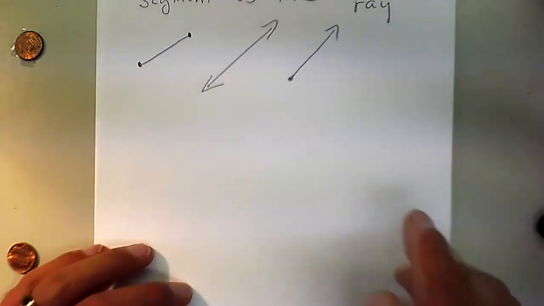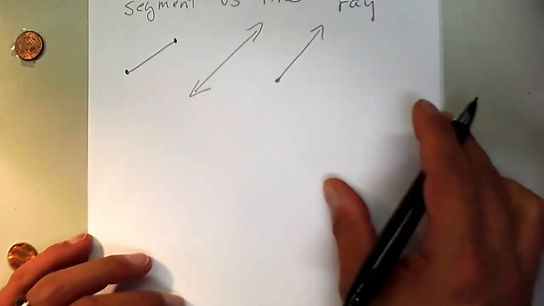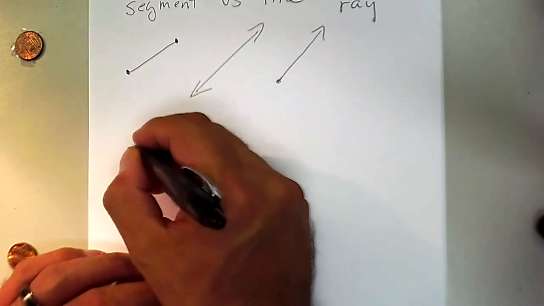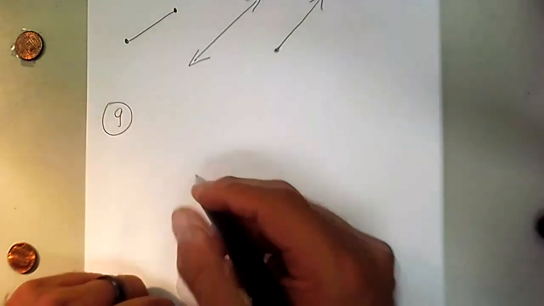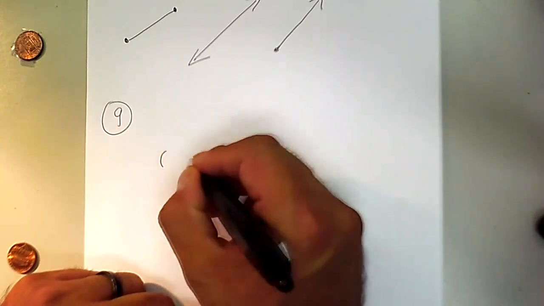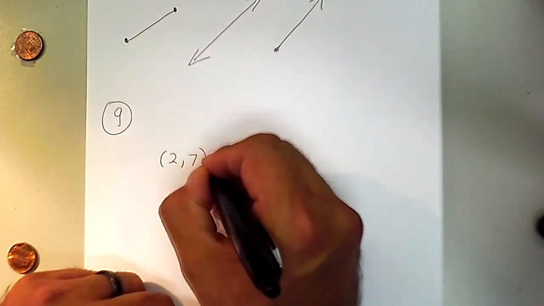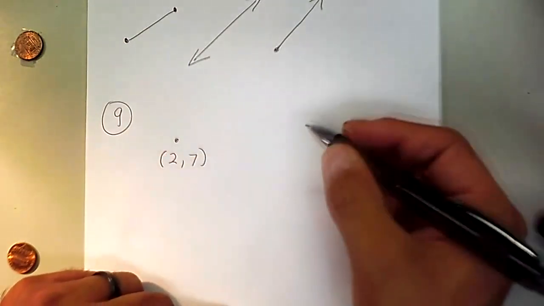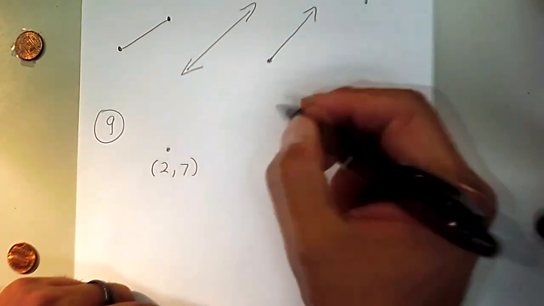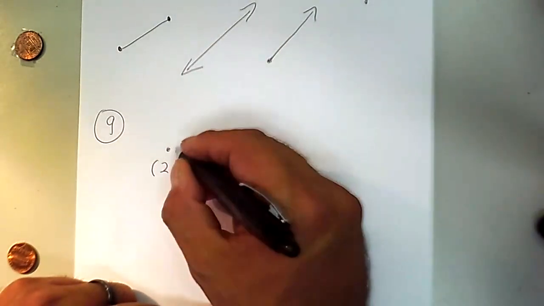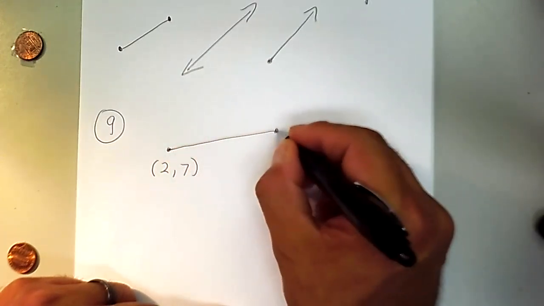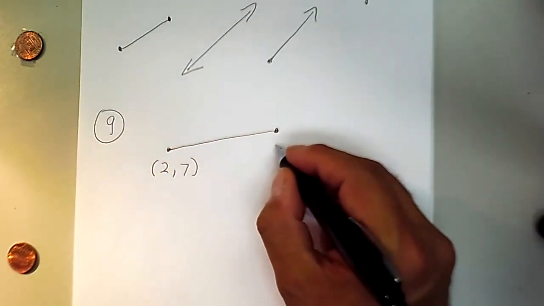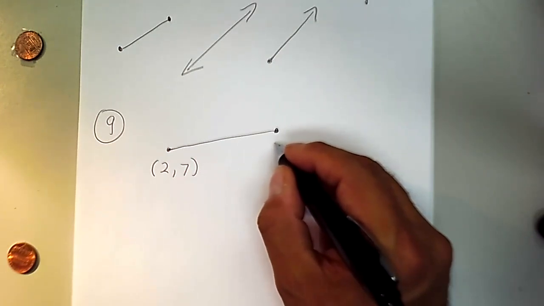Oh, midpoint. Let's talk about, no. Before we do midpoint, let's do an example, an interesting example. Let's say you have the point 2, 7. I'm not necessarily going to draw the coordinate system. I'm just going to draw the point 2, 7 somewhere in the plane. And then we have another point here, fairly far away, but not too far away.